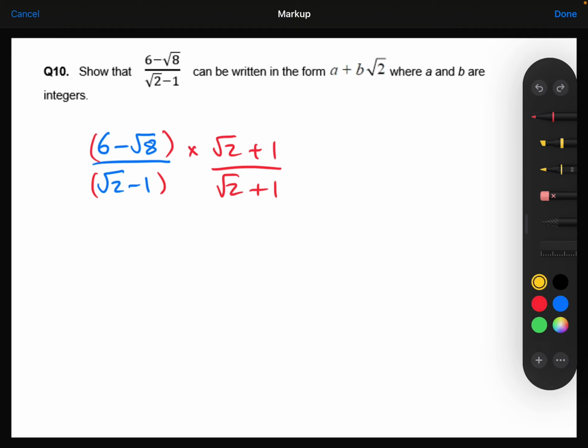Right, let's expand these brackets. So I've got 6 times root 2, which is 6 root 2. I've then got 6 times 1, which is 6. I've then got minus root 8 times root 2. So that's going to give a minus root 16.